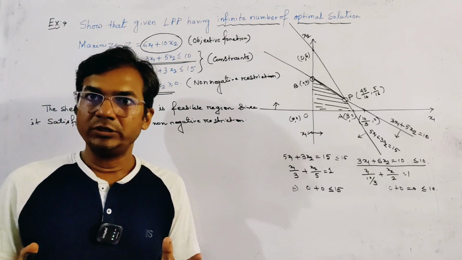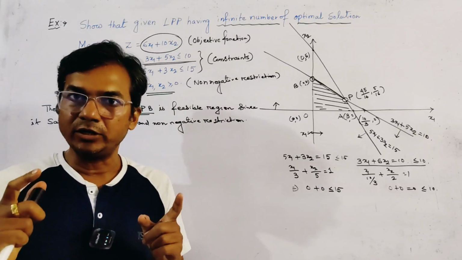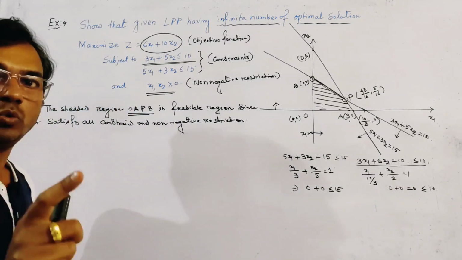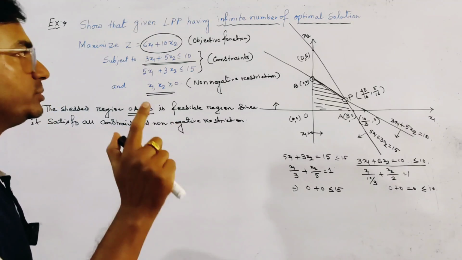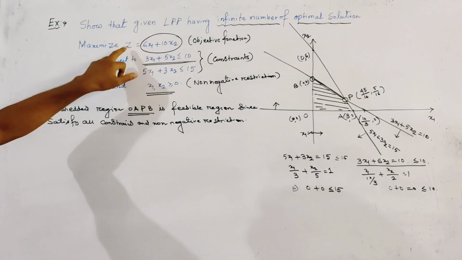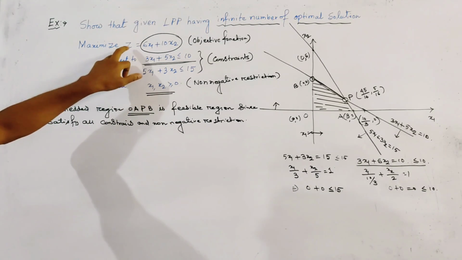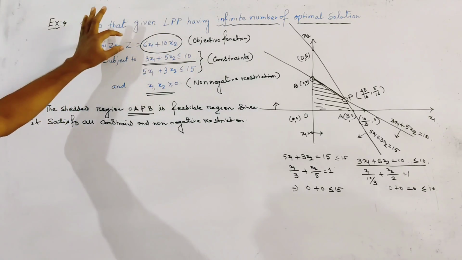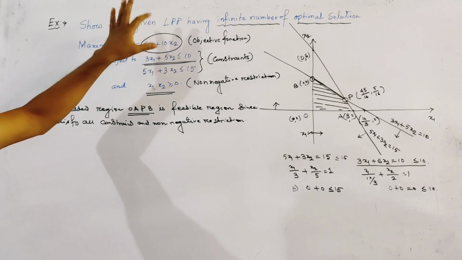In the second method, that is the method of drawing a dotted line, we first choose a particular value of z of the objective function, and getting this as a straight line, we draw this straight line as a dotted line.